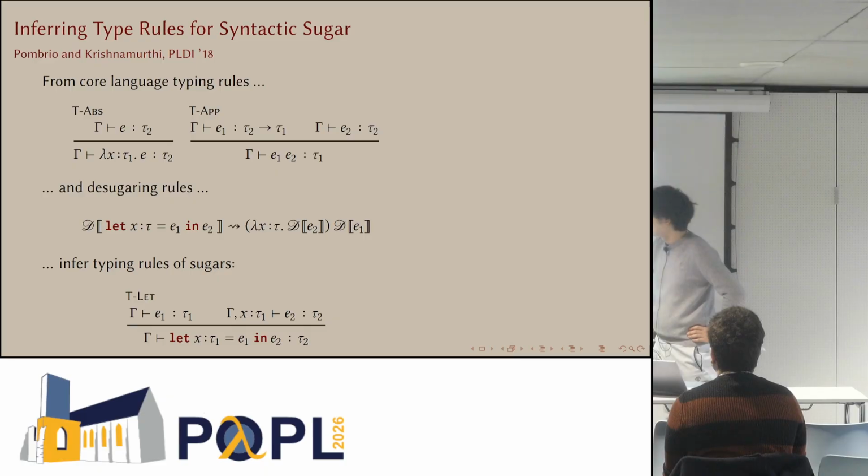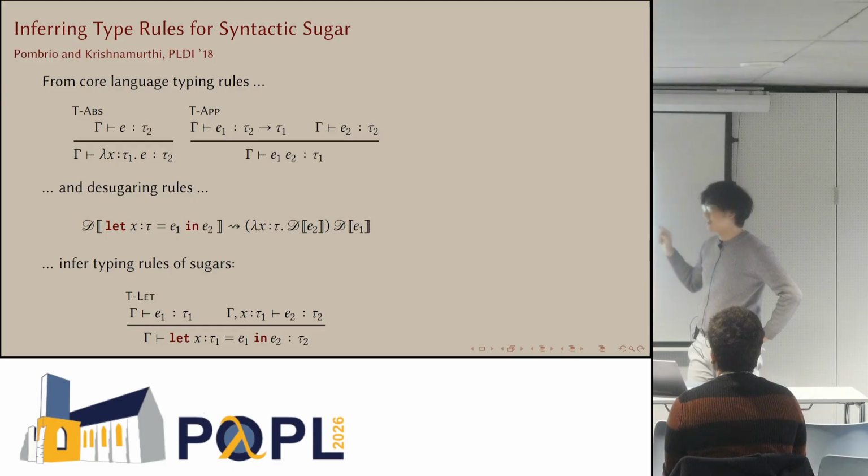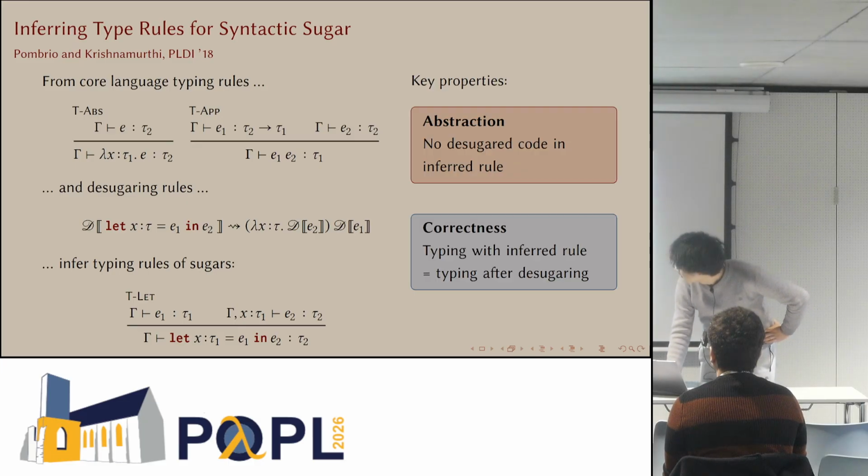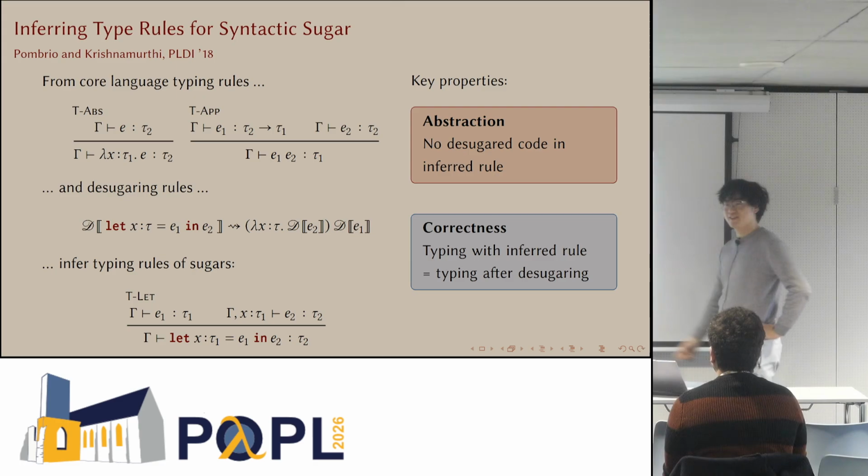And the relevant core language typing rules are those of abstraction and application. And the inferred typing rule for let is quite decent, what you would expect. It type checks E1 first, and then with the binding of X, type checks E2. So the key properties of their inferred rules include preservation of abstraction, or abstraction for short.